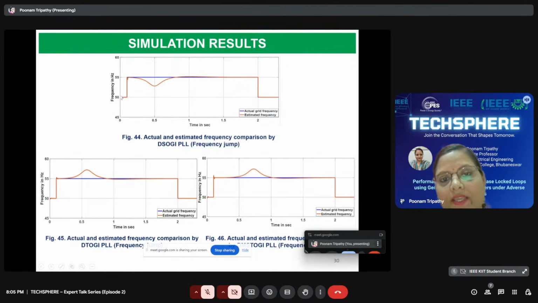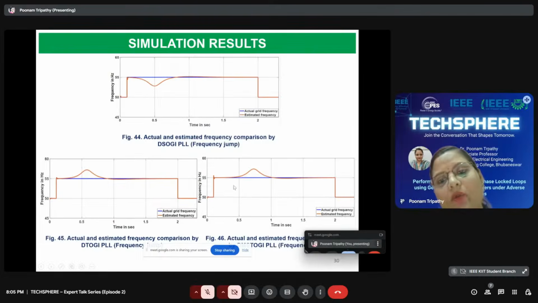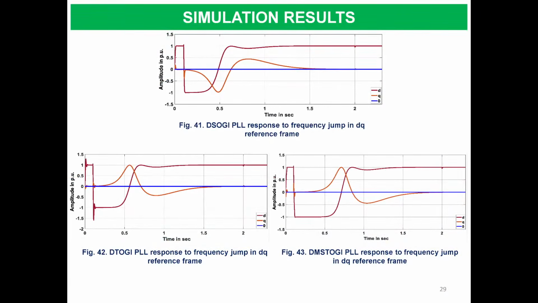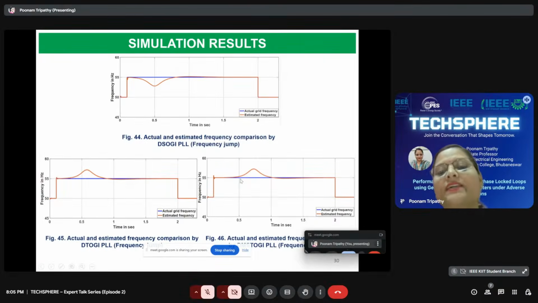So see, here they are also tracking 50 whenever the grid frequency is 50. Similarly, whenever there is a frequency jump of 55, again all the three PLLs are accurately tracking the frequency jump with 55 Hz case. So definitely all the PLLs are capable of accurately estimating the grid parameters efficiently, leading to a robust synchronization.